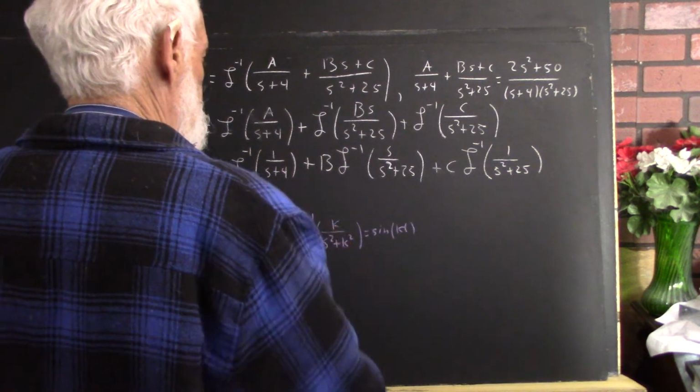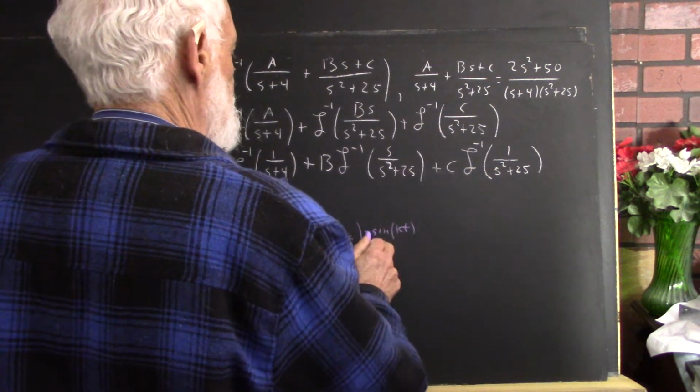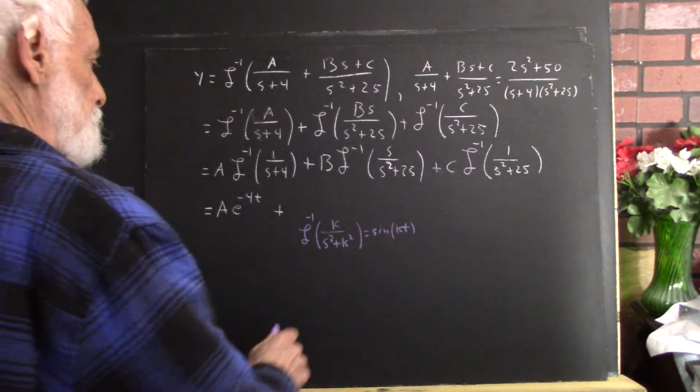The inverse transform of k over s squared plus k squared is the sine of kt.